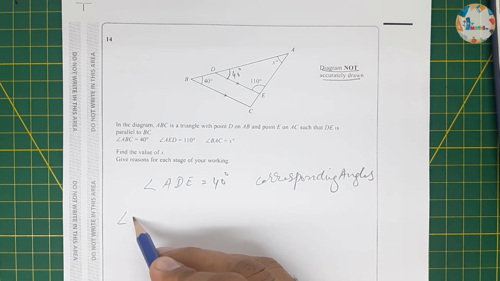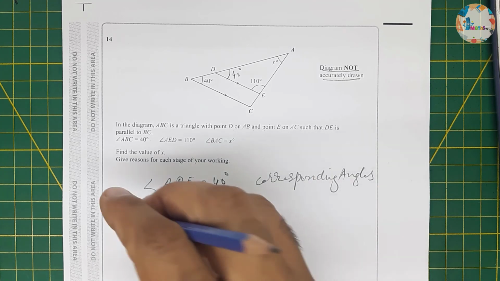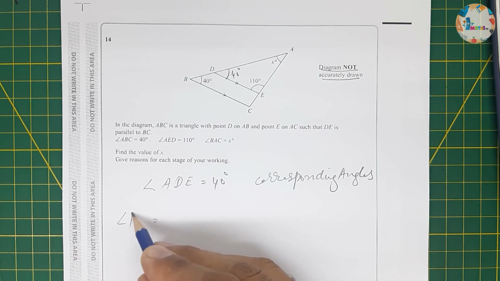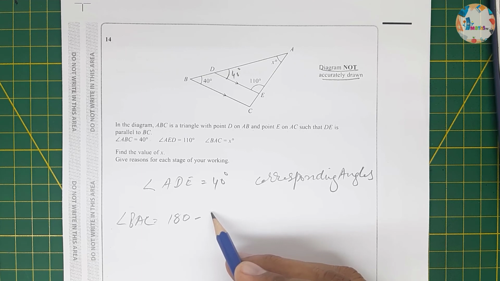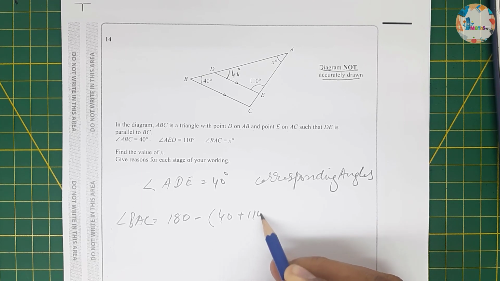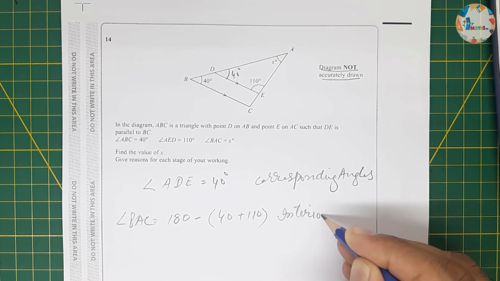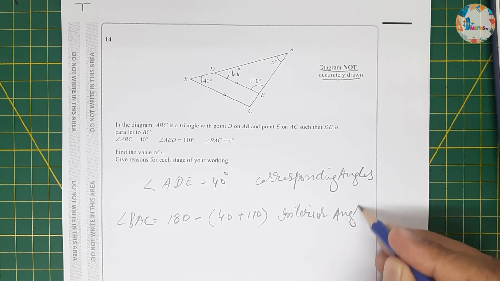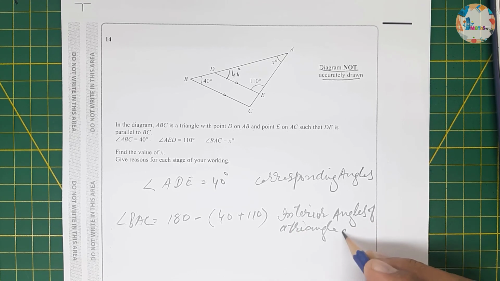So angle X, or we can write angle BAC, because they have mentioned BAC in the question, will be equal to 180 minus (40 plus 110), and the reason is interior angles of a triangle add up to 180 degrees.